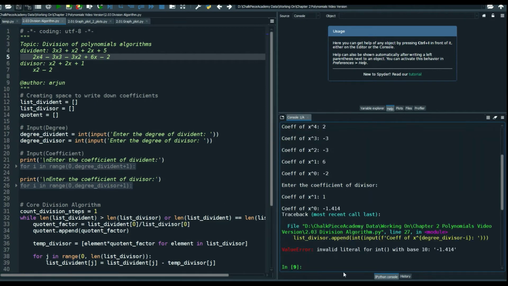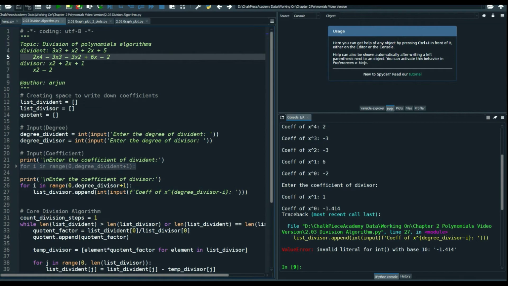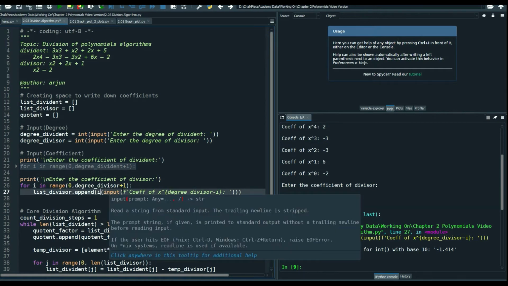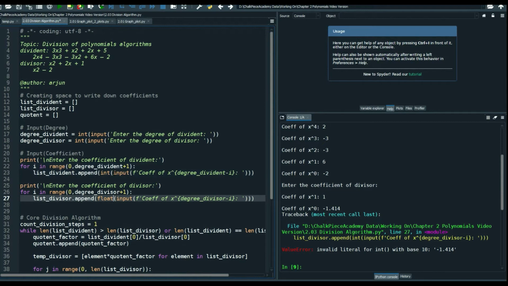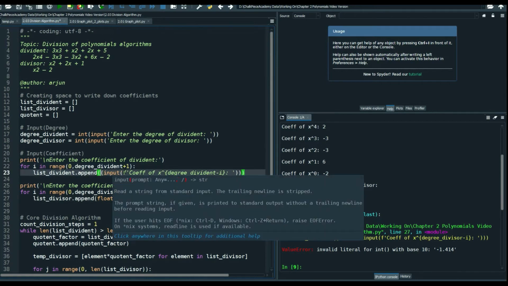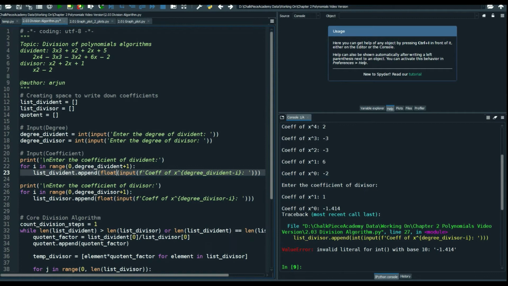Invalid. It has to be an int. I didn't change that, I need to change that. Let me convert it to float. Okay, let's try it again.